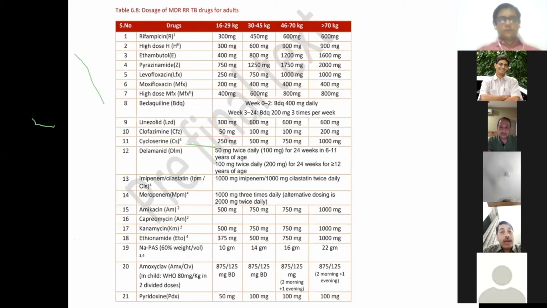And you have to know that the patient doesn't have resistance to fluoroquinolone or any of the other drugs, like you said, clofazimine, kanamycin, and ethionamide. So the patient is not resistant to these other drugs. Once you have this information, only then can you subject this patient to a shorter regimen of MDR. If not, then you have to convert this patient to a longer course of MDR. So this is the basic difference.